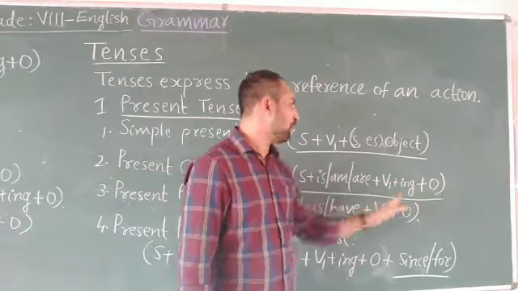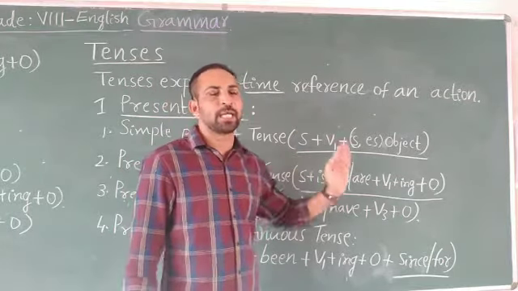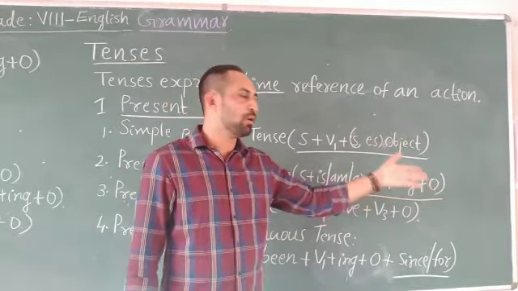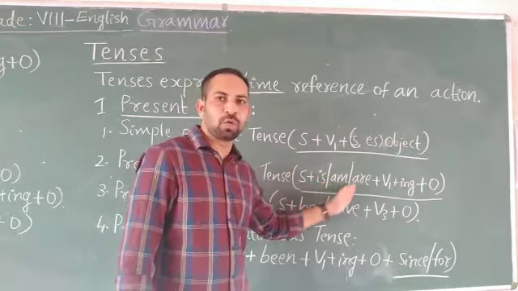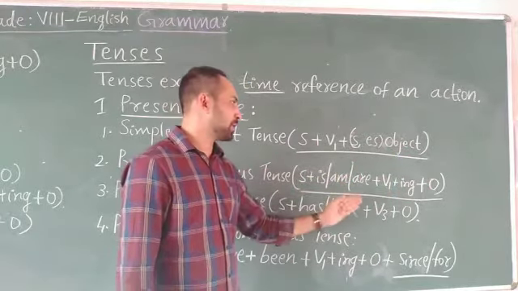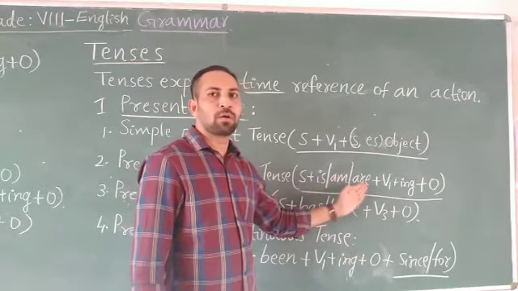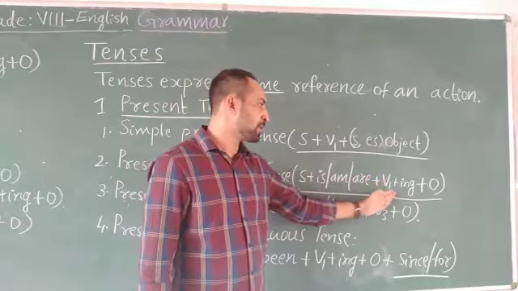Plus object. For example, in simple present tense, I study English. By using this rule, I am studying English. Subject plus is, am, are plus V1 plus ing plus object.